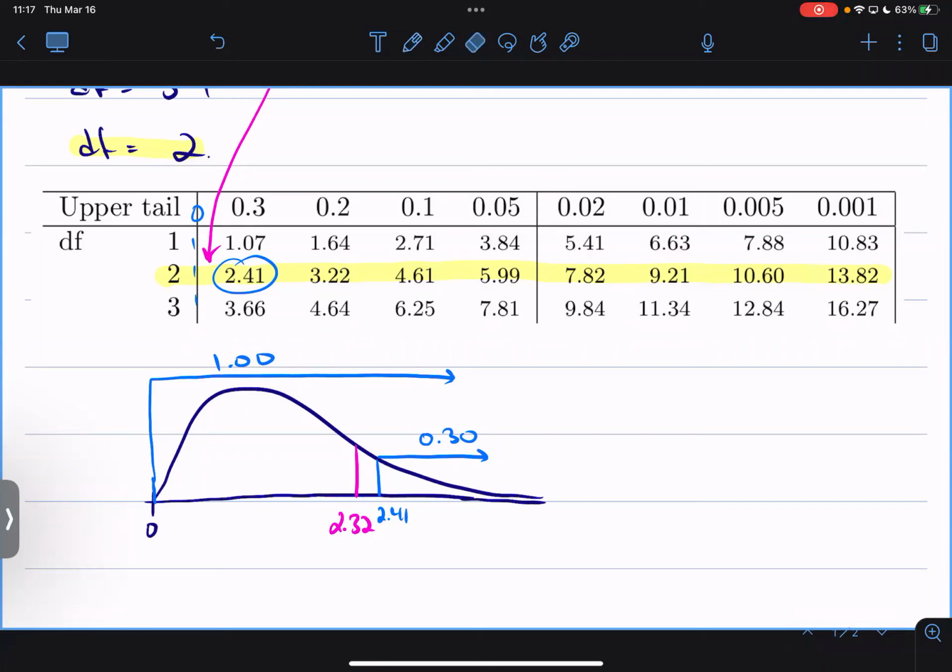Oh, I did those backwards. Wait, that doesn't make sense. Here, an area of 1 is when chi-squared is 0. There. That makes more sense.